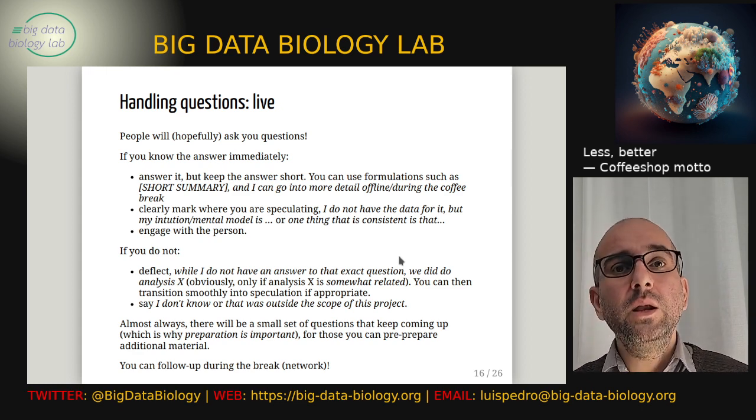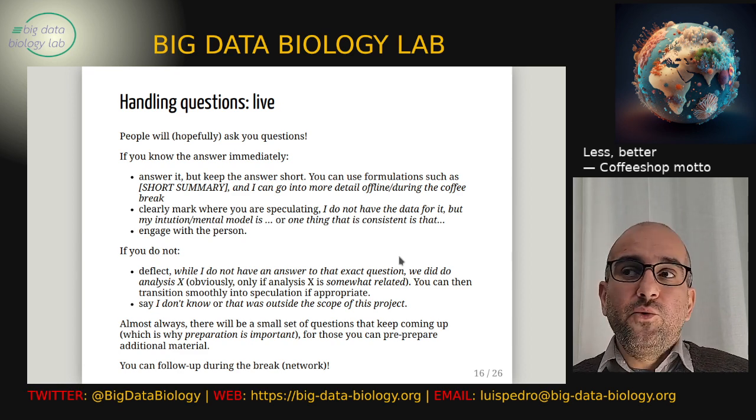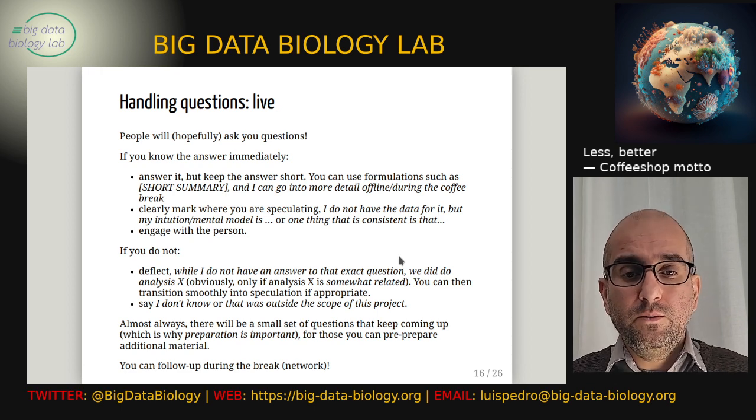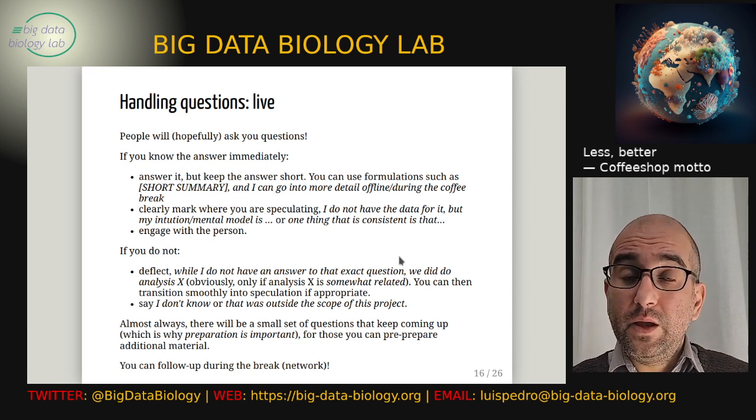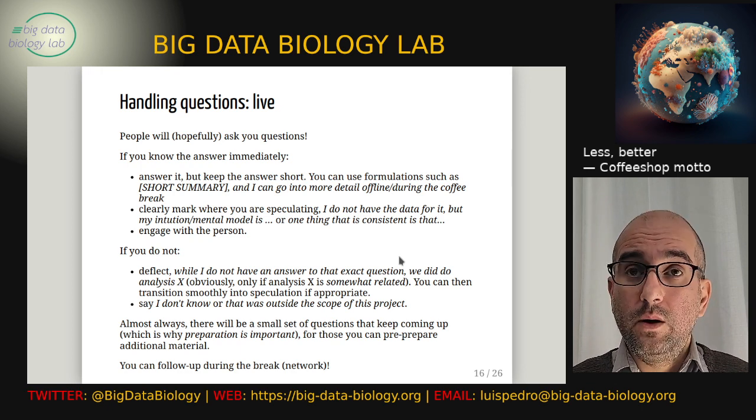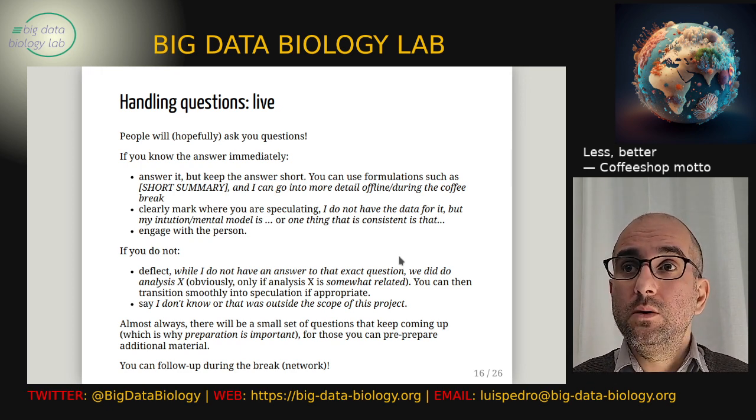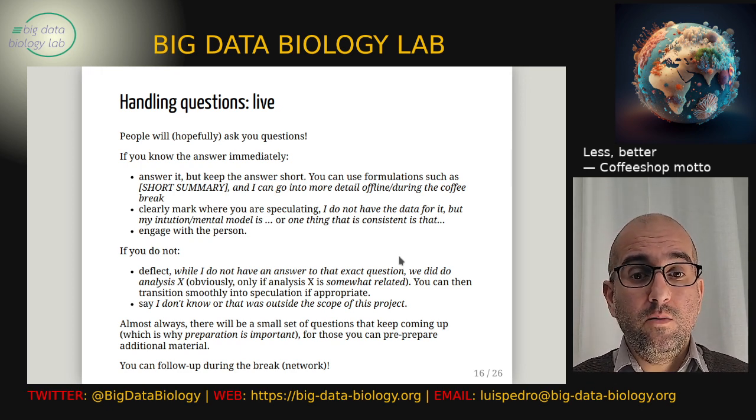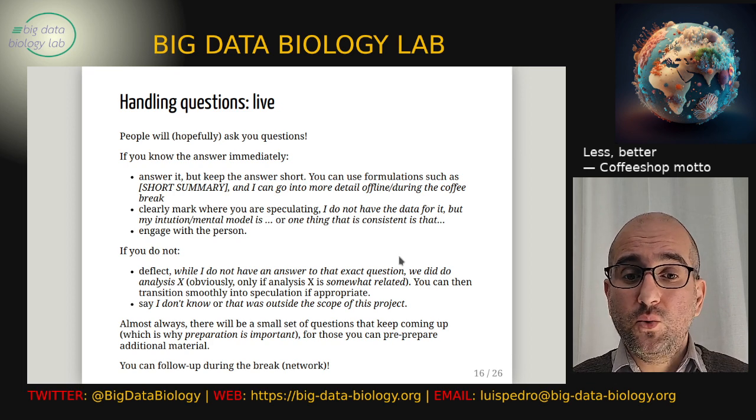And then you can very smoothly say, and therefore I can guess that the answer to your question would be blah blah blah. The other thing you can do is say, I don't know. You can say that's a good question, but it was outside the scope of this project. We don't know.